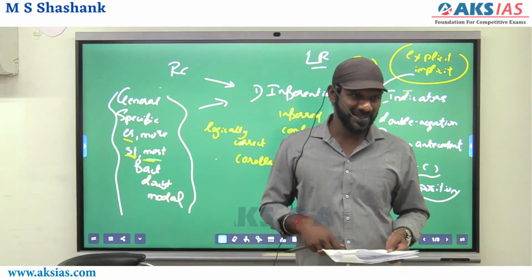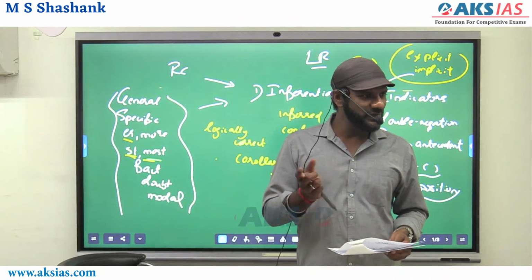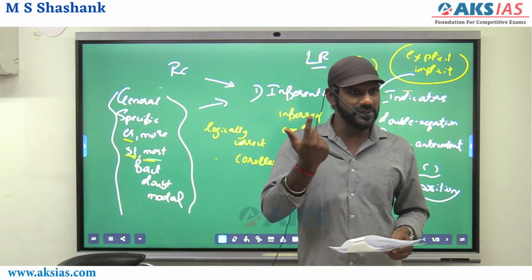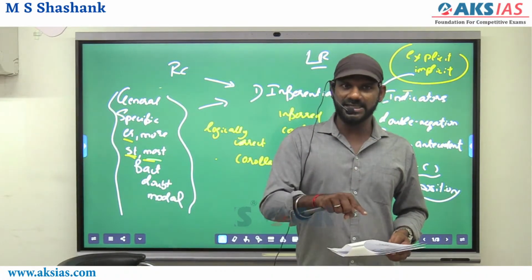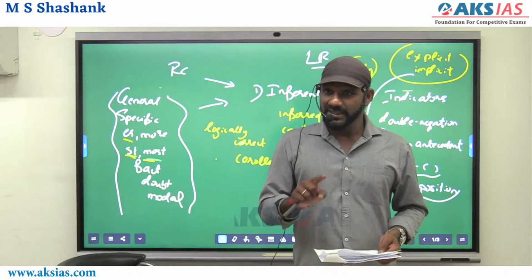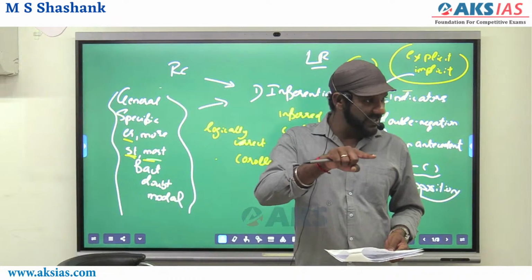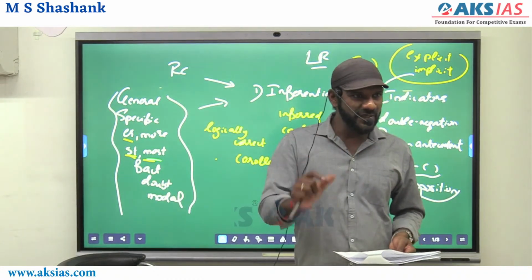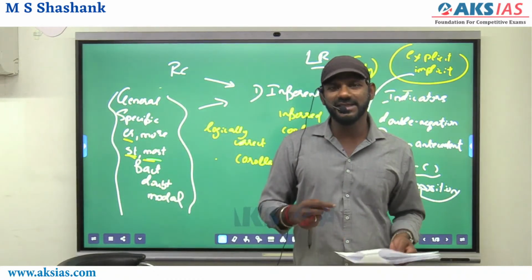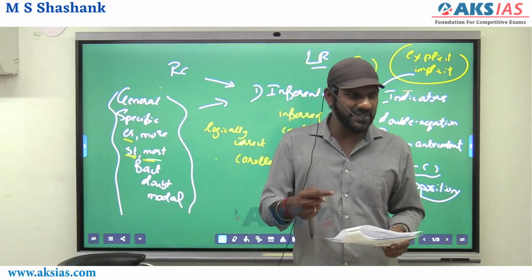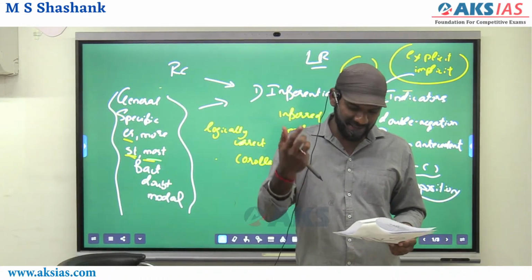Understand, tell me. Weakens. Option A says strengthens. Now tell me, correct or contradicting? Contradicting. A is eliminated.